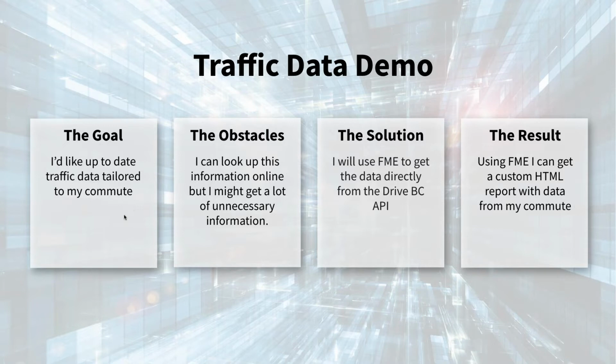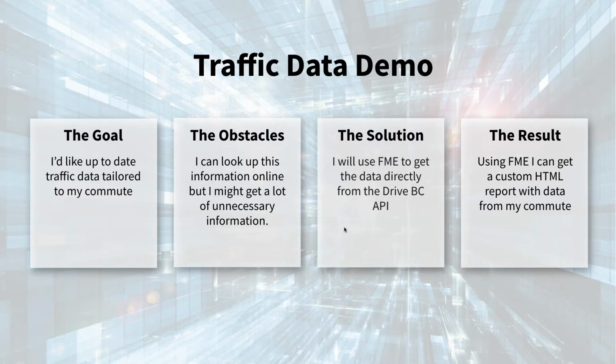So the goal of this demo is to get the most up-to-date traffic information, but I want this to be tailored to my commute. I'm not driving all over Vancouver. I don't need everything in Vancouver. I just need the information for my commute. I can look this up online, but I might get a lot of unnecessary information I don't need.